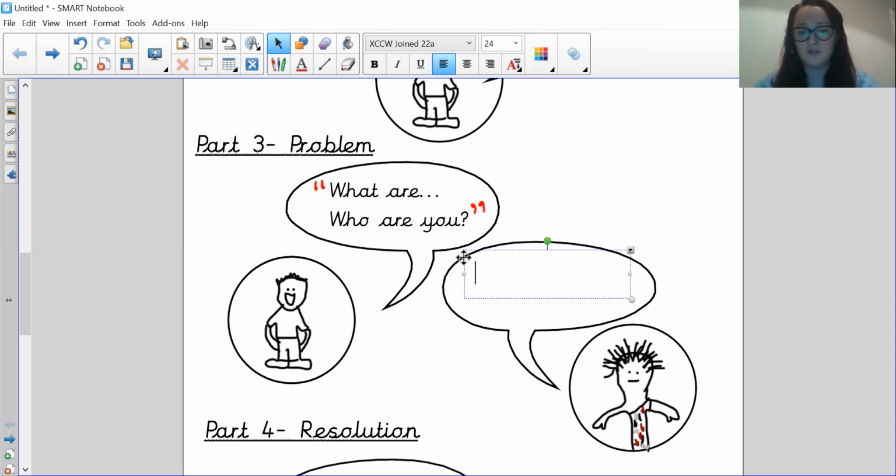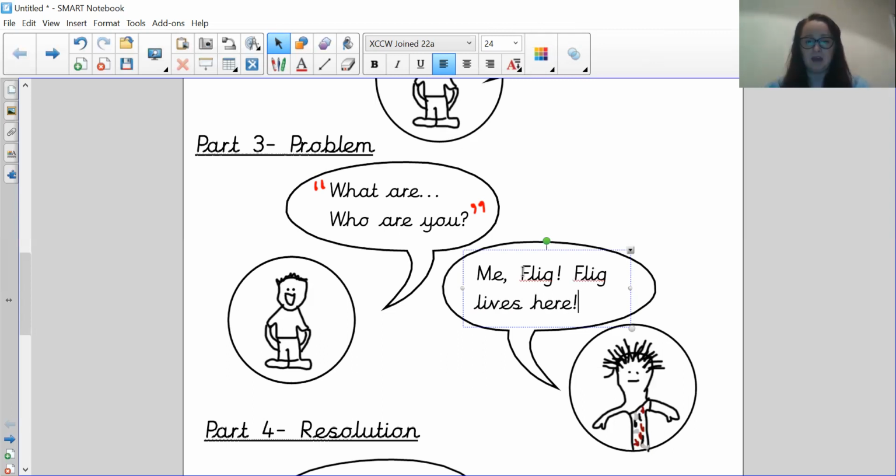So I'm going to write me, Flig. And I'm remembering that I'm using my capital letters for my characters. Okay, it is super important because our characters are nouns. So me, Flig. Flig lives here. Okay, so me, Flig lives here.